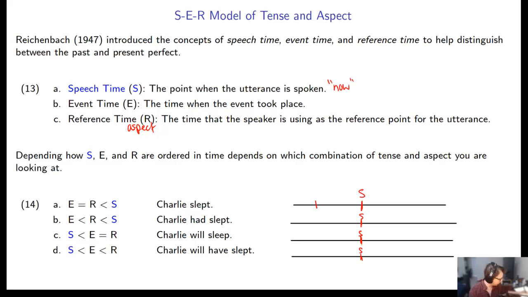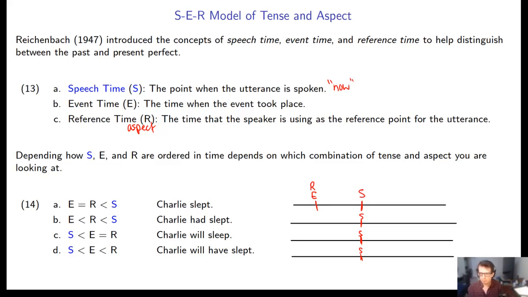This is where the event of sleeping happened, and this is also the reference point. When we just say Charlie slept, or Charlie ran, or I jumped, the event time and the reference time are the same. We're basically just pointing to that event, and the reference time doesn't even matter. We're not pointing out a specific time.